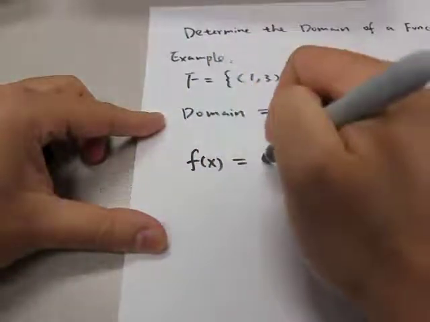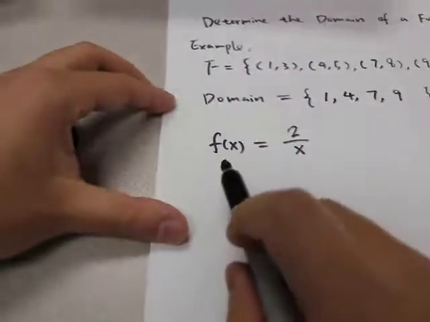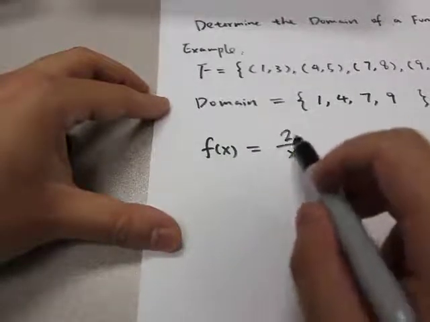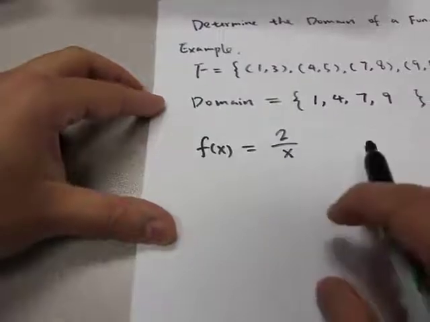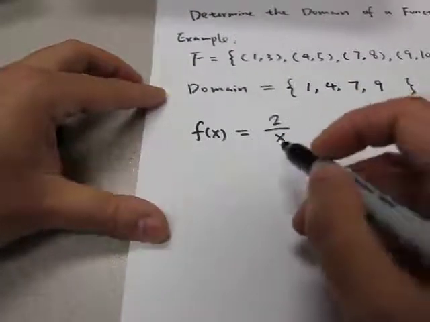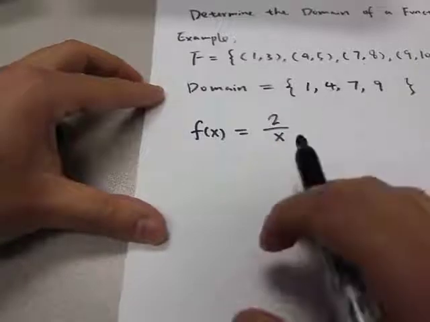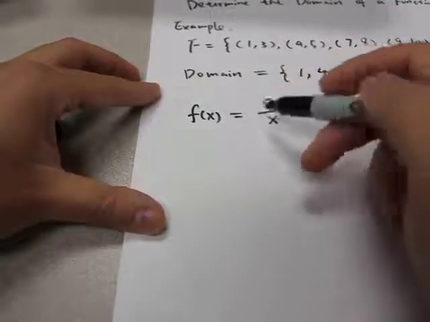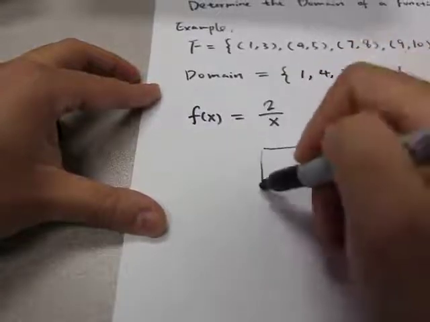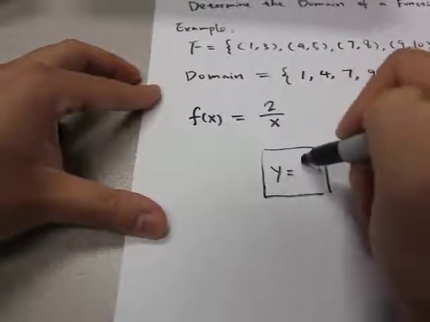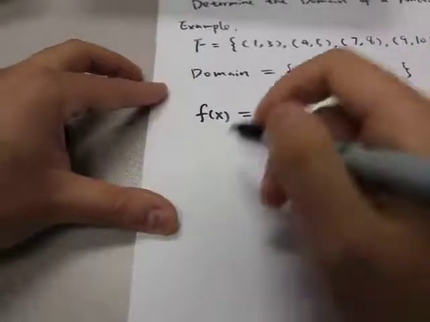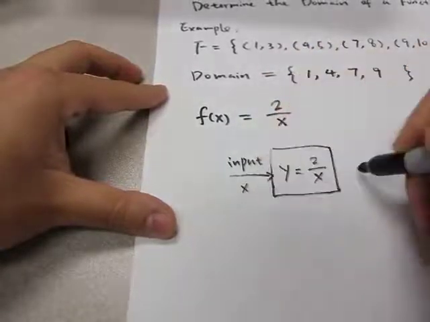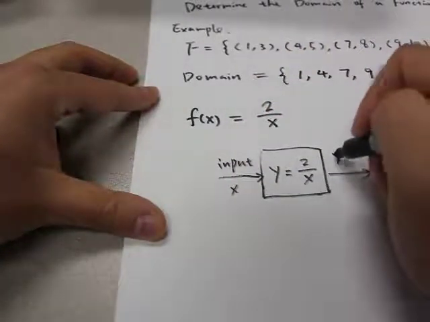For example, here we have this function f(x), and the function f(x) is defined by this equation y equals 2 over x. Now let's think about, in this case, what is the domain of this function. Now we said when we define a function using an equation, this is like we have this machine, and all the x values are our input, and all the y values are our output.